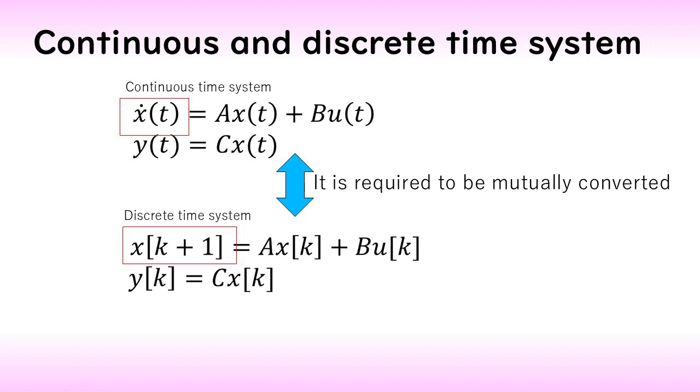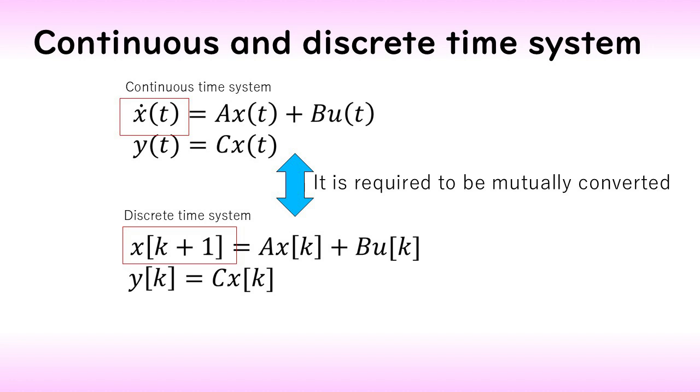The relationship between continuous time and discrete time system is presented. In case of continuous time system, x dot equal ax plus bu is obtained. On the other hand, in case of discrete time system, x(k+1) equal a x(k) plus b u(k) holds.